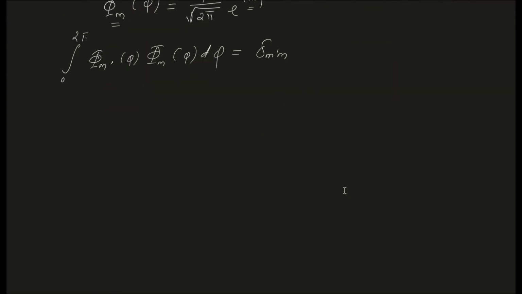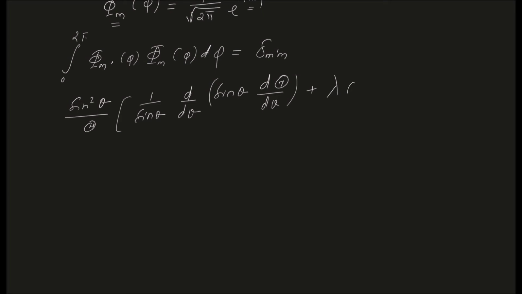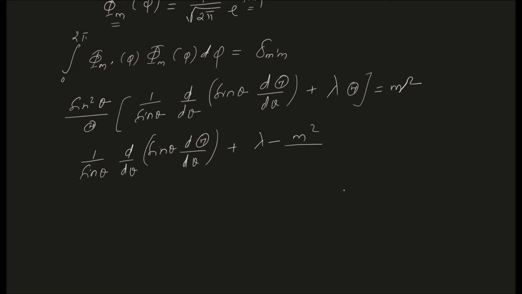So that will lead us to an expression of the form sine square theta by capital theta into 1 by sine theta d by d theta of sine theta d capital theta by d theta plus lambda capital theta is equal to m square, or we can write it as 1 by sine theta d by d theta of sine theta d capital theta by d theta plus lambda minus m square by sine square theta into capital theta is equal to 0, by simply rearranging the terms.